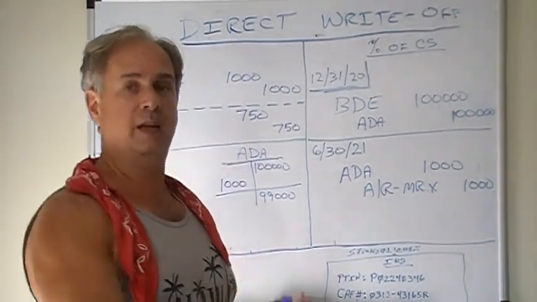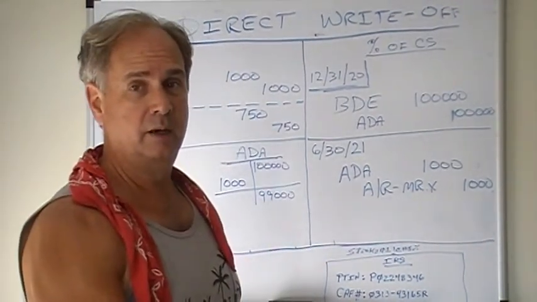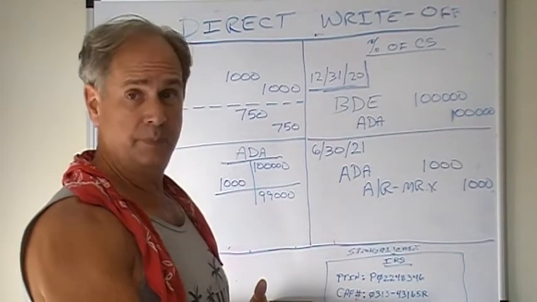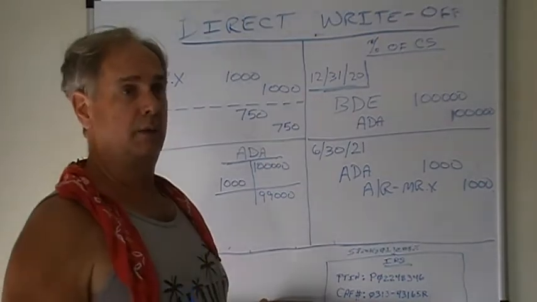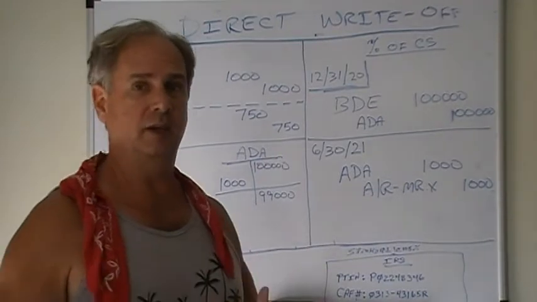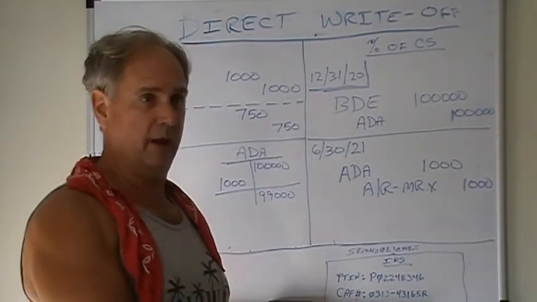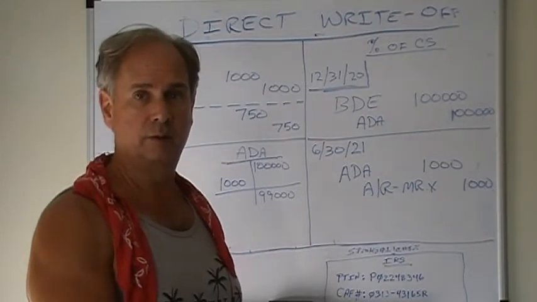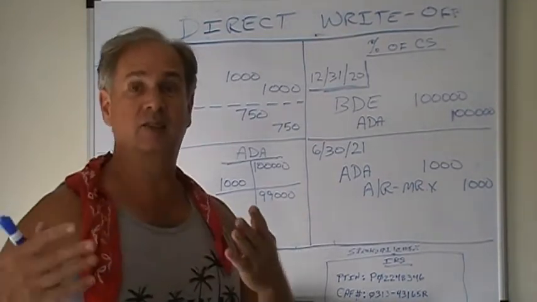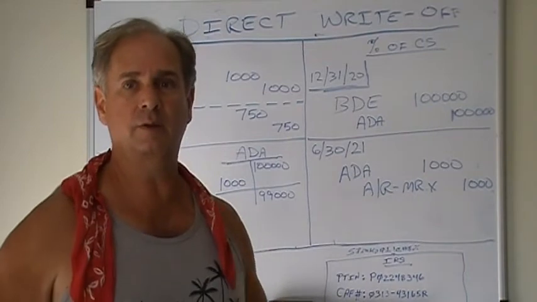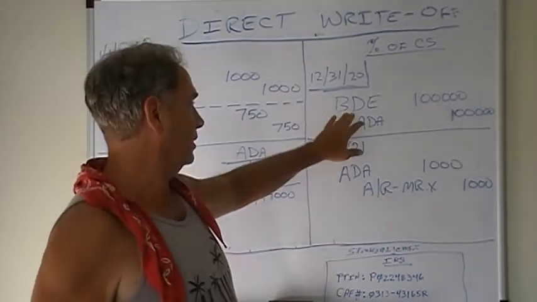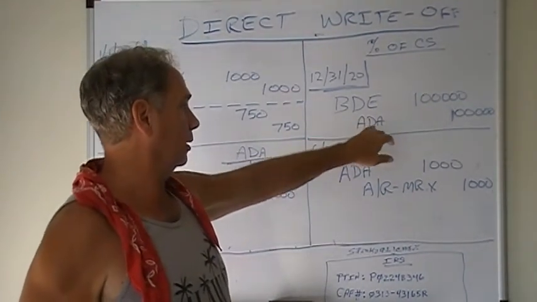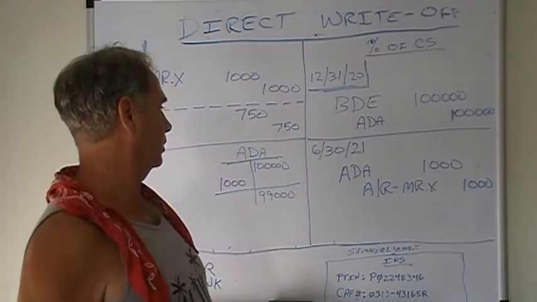And when I repeat that process again in 2022, I'm just going to do the same thing again. I'm going to take 10% of that year's credit sales, and let's say once again it's $1 million. So I'm going to debit bad debt expense for $100,000. I'm going to credit allowance for doubtful accounts for $100,000.